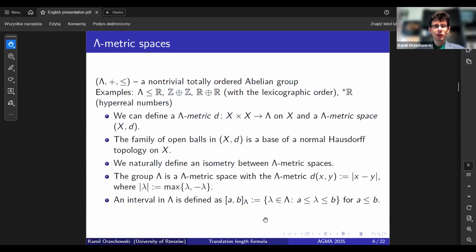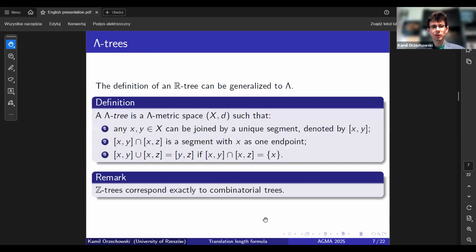Having this, we can generalize R tree to lambda tree. The defining 3 conditions remain the same. They reflect tree-like structure. The only differences are that it is a lambda metric space, and we have to understand that the segment here is the image of an isometric embedding of an interval in lambda.